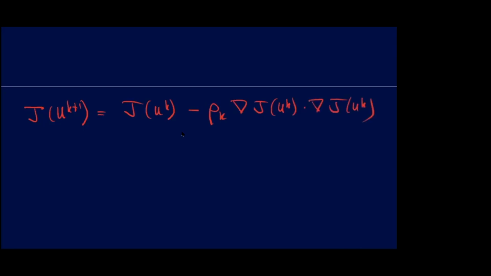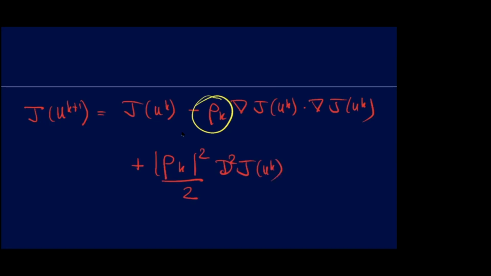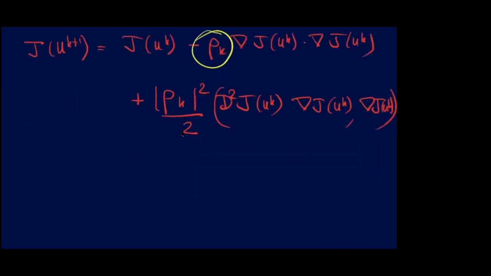And then if I want to analyze which one should be really the right step to take, you will go to the next term in the Taylor expansion, and then you will get rho k squared over 2, and then the Hessian of J at uk applied to the gradient of uk twice, right? And then you realize that the optimal choice of rho k depends actually on the location you are at, uk, right?